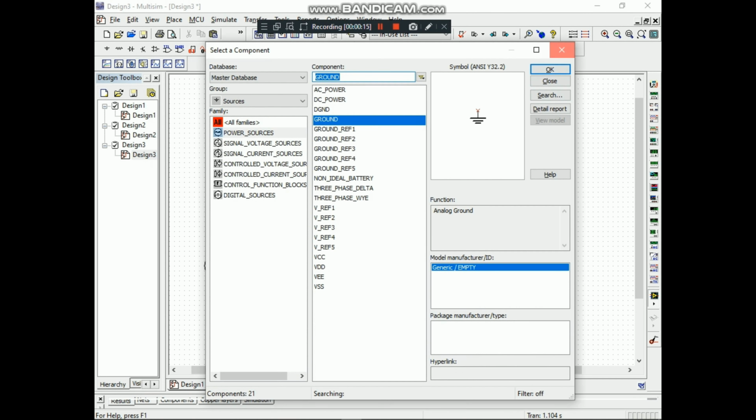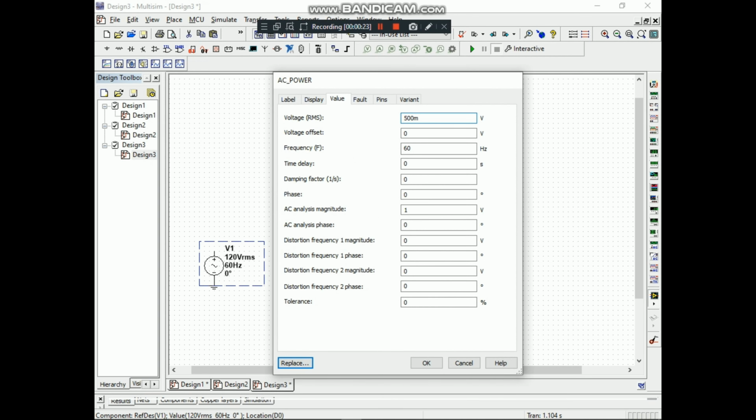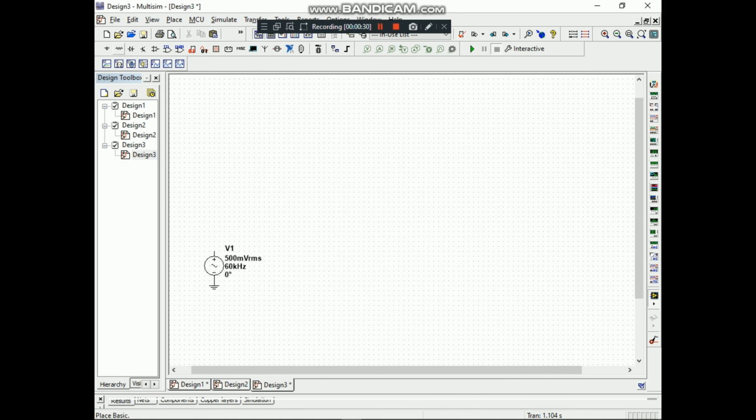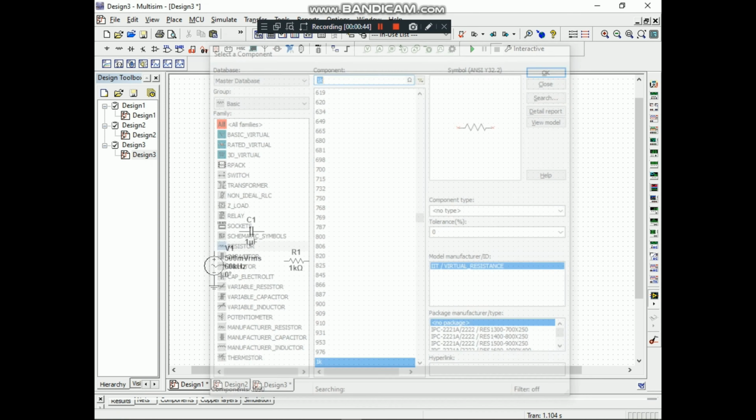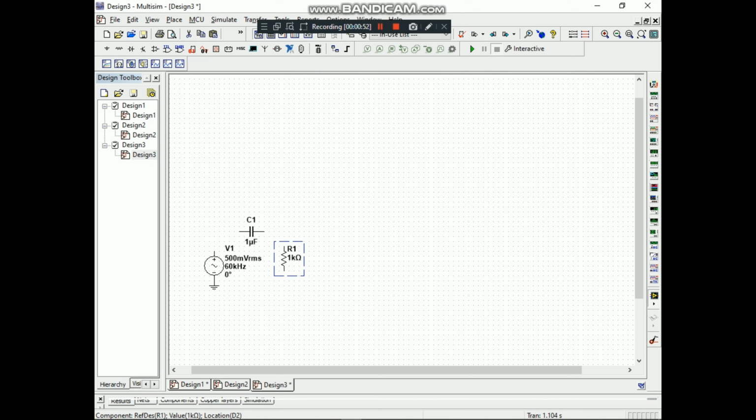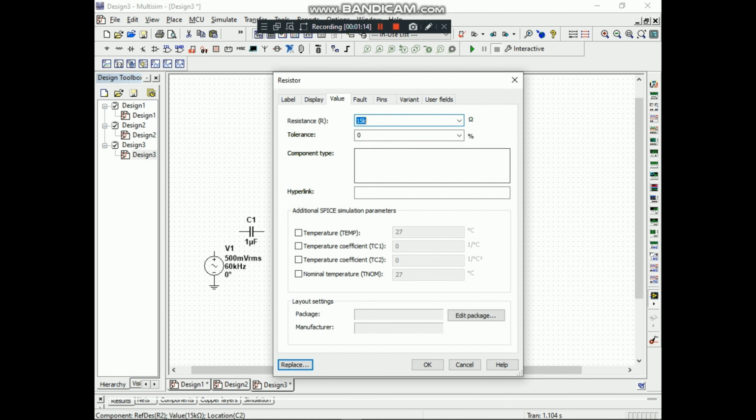First, we will put an input signal with 500 millivolts and 60 kHz. Since biasing using a resistor may cause a problem in temperature, we will be using a pair of normal forward biased diodes.